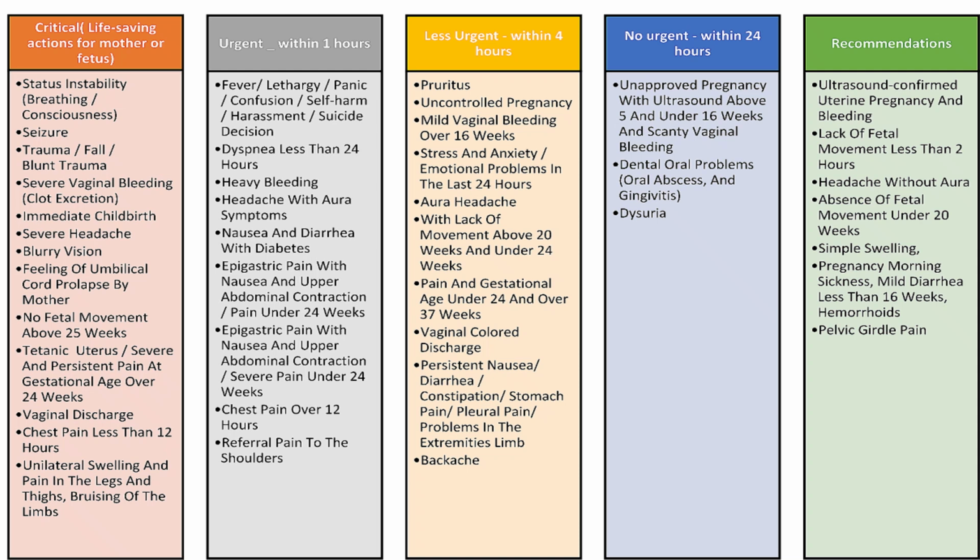There is no urgent, within 24 hours we can treat. What are the cases here? Unapproved pregnancy with ultrasound above 5 and under 16 weeks and scanty vaginal bleeding, dental oral problems, that is oral abscess or gingivitis and dysuria.